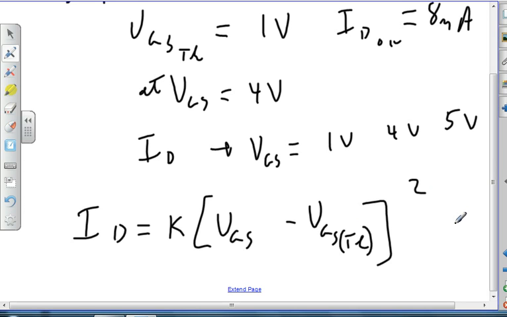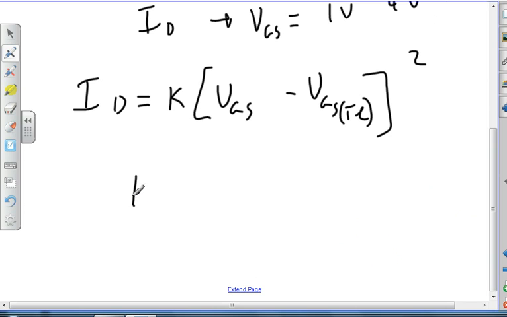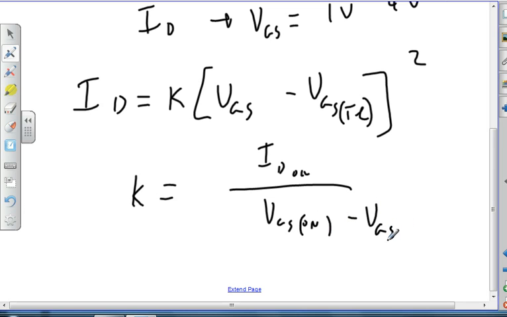And I have a formula for K, which says K is equal to ID on divided by (VGS on minus VGS threshold) squared. All right, so threshold.